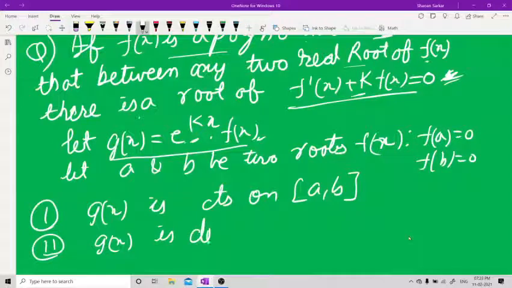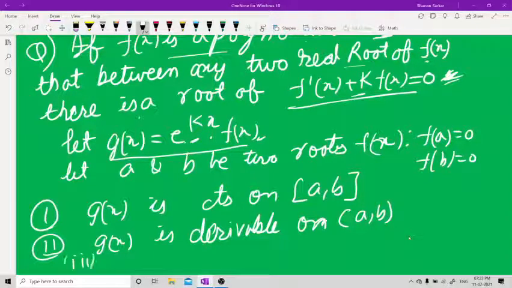g(x) is derivable on open interval (a, b). Now the third point, that is g(a). g(a) is e to the power of ka f(a), and we know f(a) is 0, so this is 0.